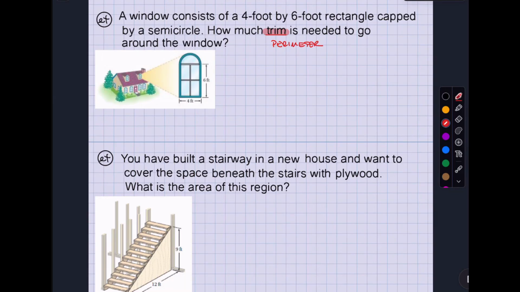Awesome. So that means the total perimeter equals the perimeter of the semicircle plus the perimeter of the rectangle. What's the perimeter of the semicircle going to be? What's the perimeter of a circle going to be?